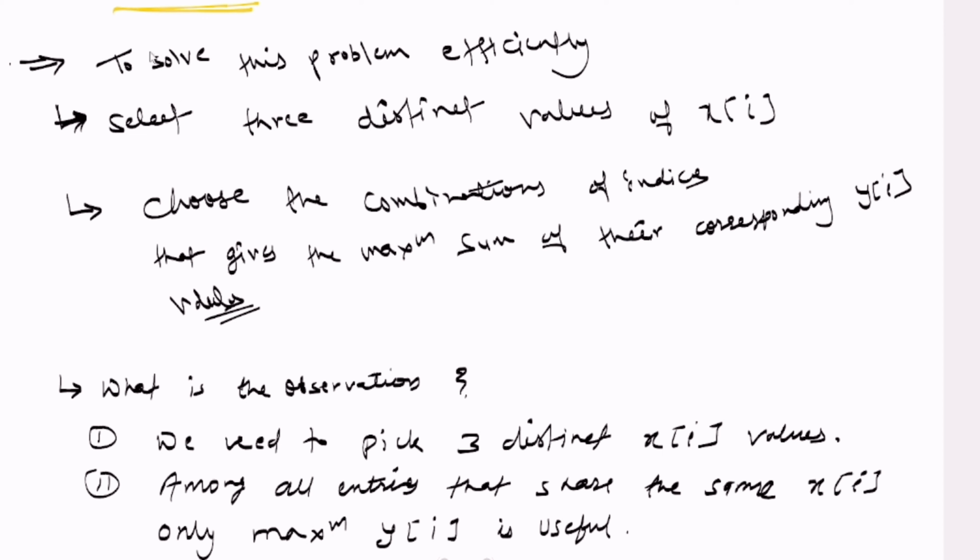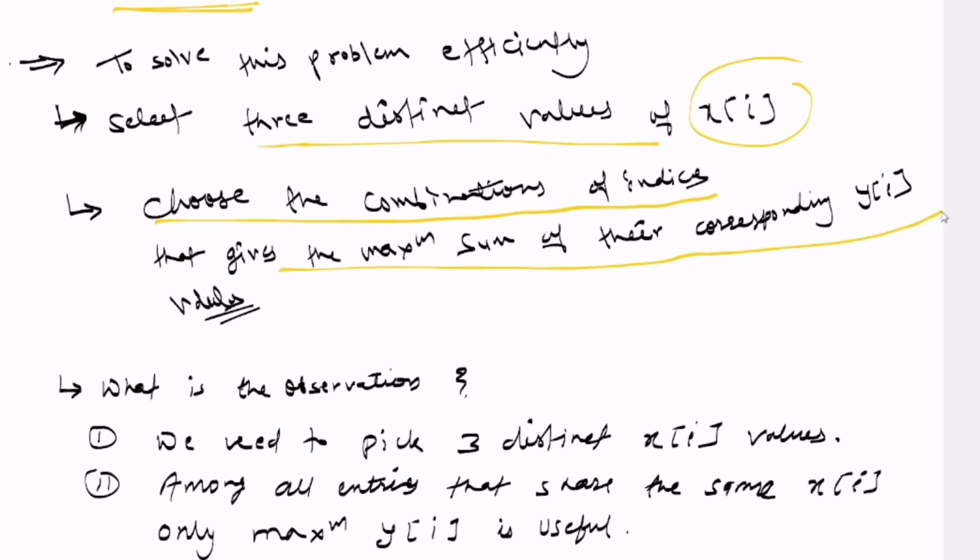To solve this problem efficiently, just think. We have to select three distinct values of x, meaning we select distinct elements in x, and then choose the combination of indices that gives the maximum sum of their corresponding y values. What is the observation in this problem?